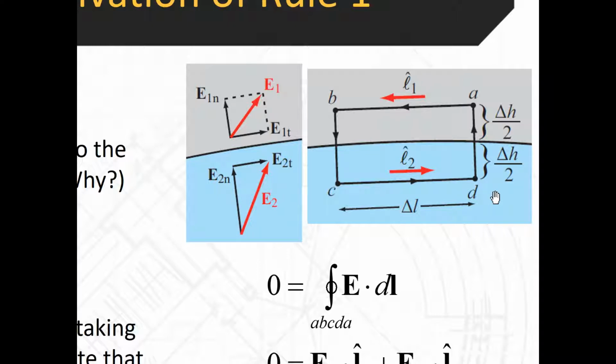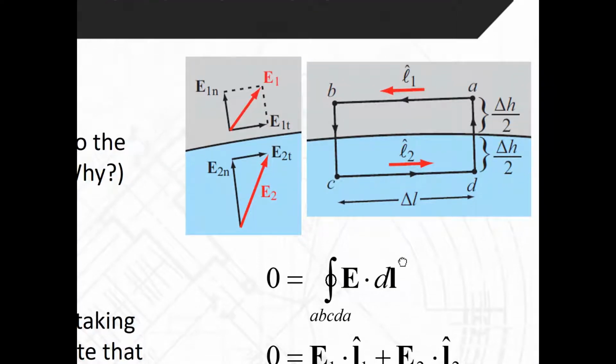We're essentially bringing this line and this line very close together until those sides become insignificant. But it's still a contour, right? Going around that contour still has to equal 0.